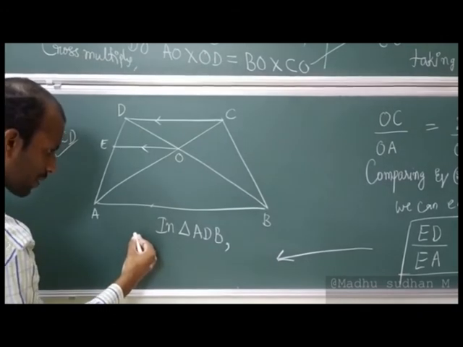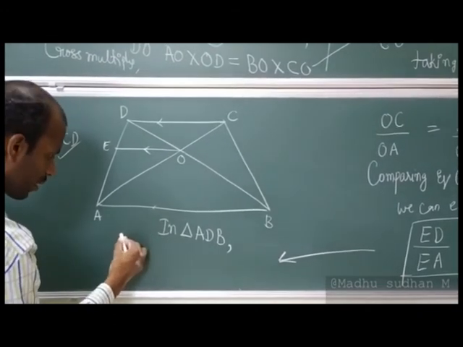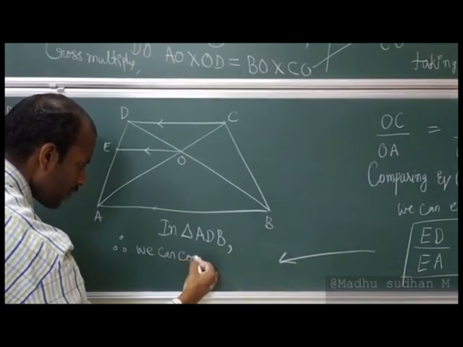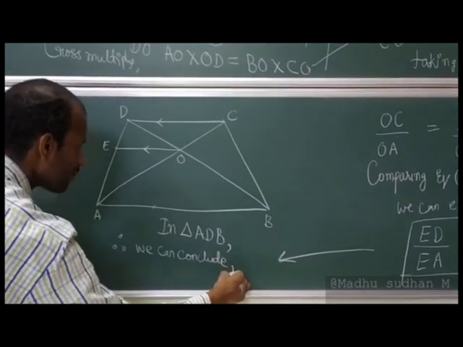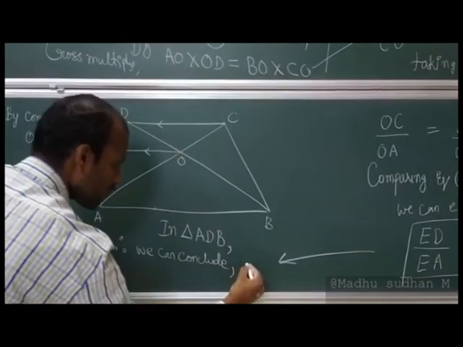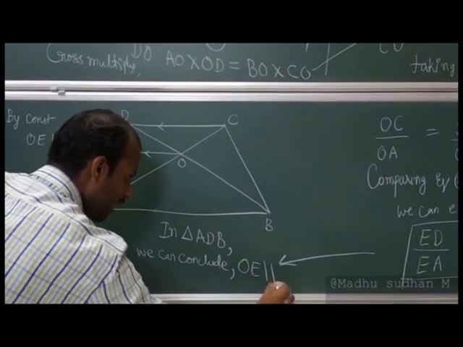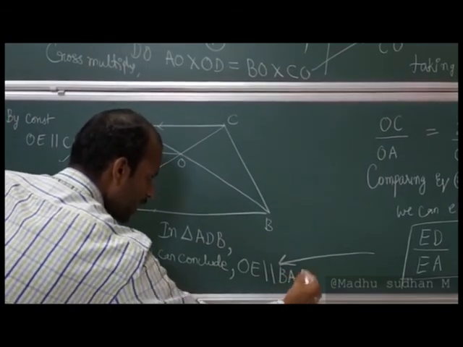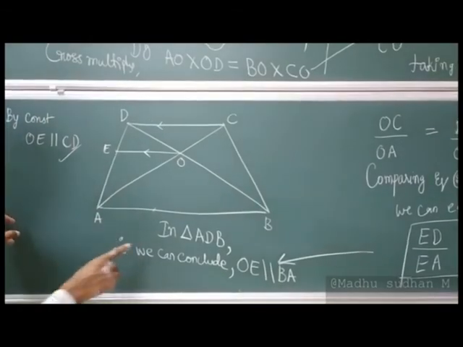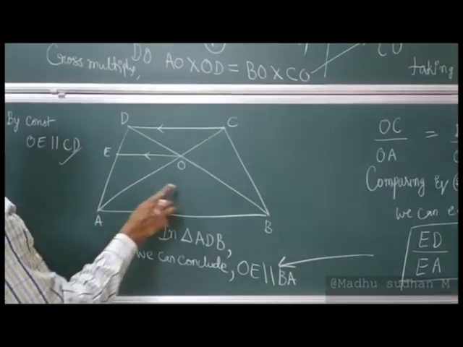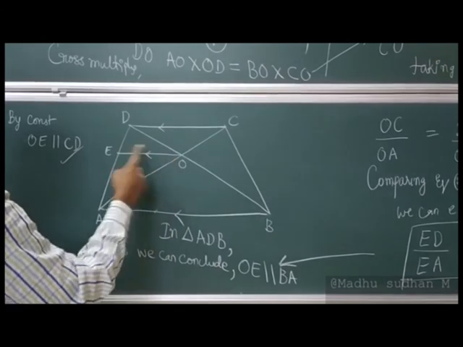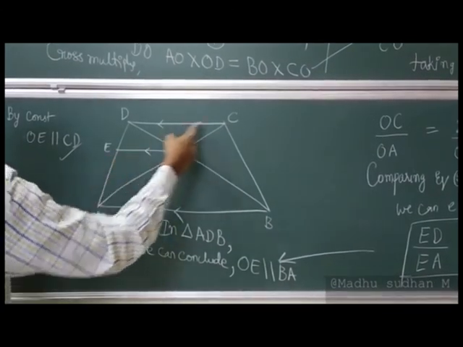Therefore, we can conclude OE is parallel to BA, right? OE is parallel to BA. So now we have BA parallel to OE, and OE is parallel to CD, right?